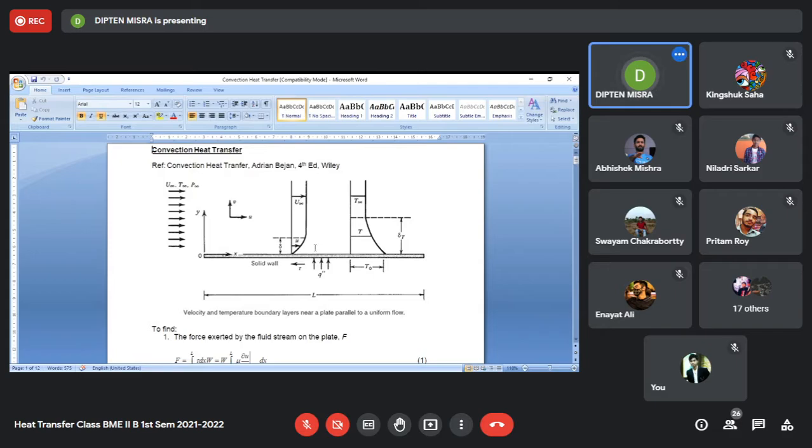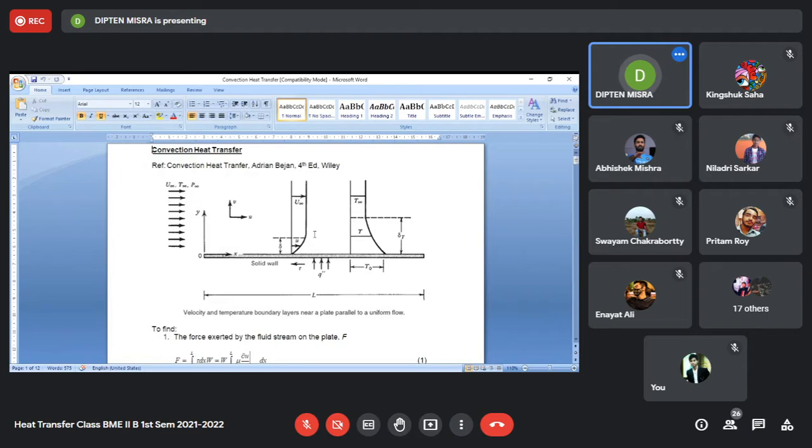We have a wall, one surface of that wall is exposed to convection, and if we know the value of H, then the convective heat flux will be equal to H into wall temperature minus fluid temperature, and accordingly we can find out the wall heat flux.